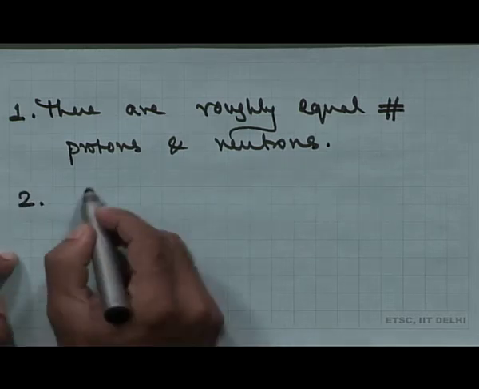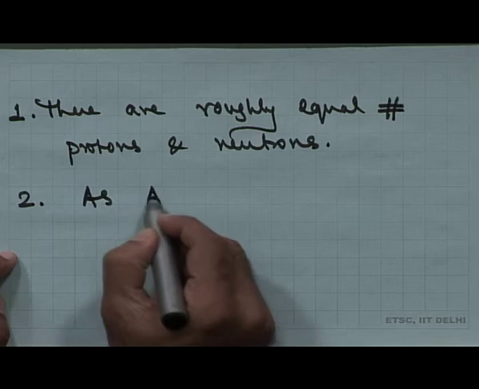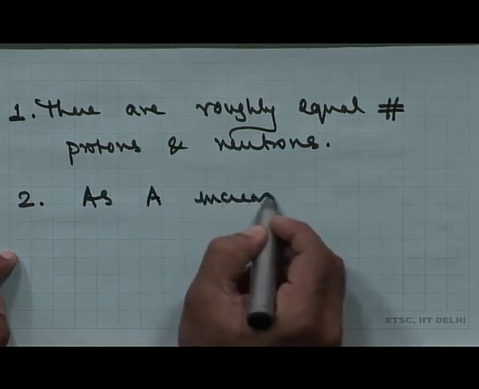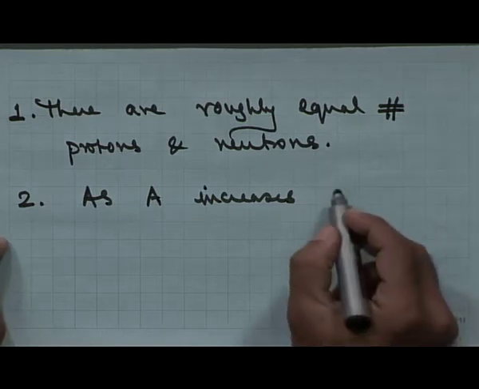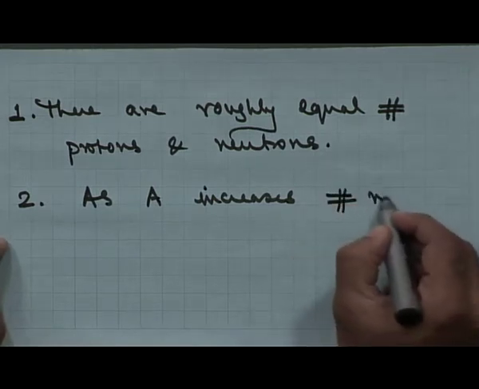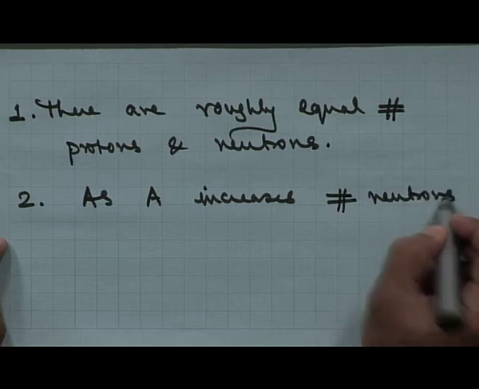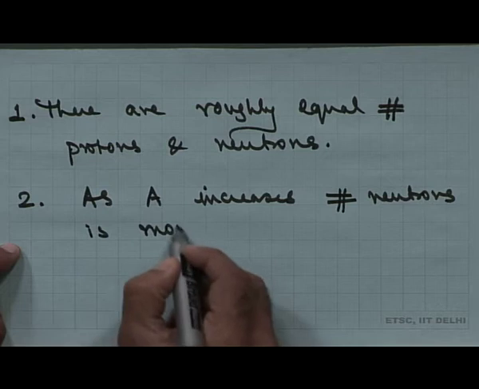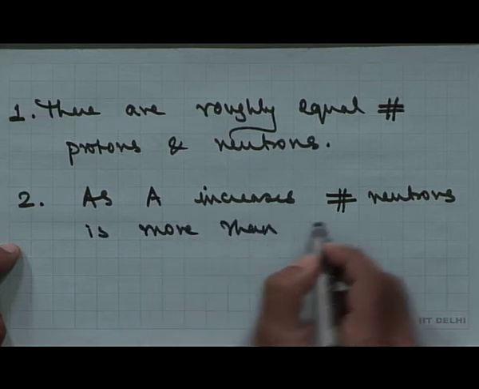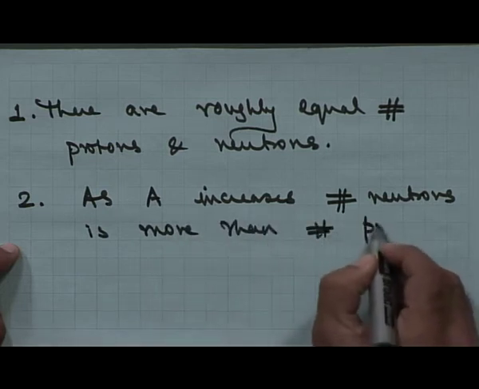Number two that you should look at, as A increases, so let us say beyond 100, the number of neutrons is more than the number of protons.